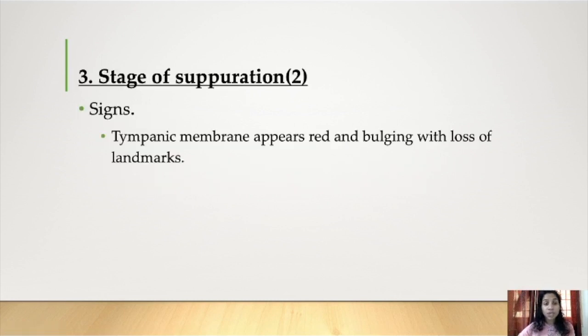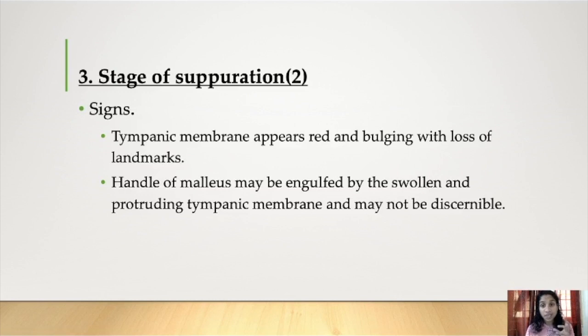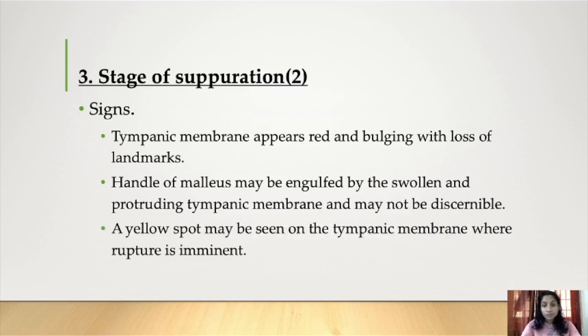And as for signs, the tympanic membrane appears red and bulging with loss of landmarks. It's fully bulged. The handle of the malleus may be engulfed by the swollen and protruding tympanic membrane and may not be discernible. So we can't see the handle of the malleus because it is swollen. That much it is swollen. A yellow spot may be seen on the tympanic membrane where the rupture is imminent.